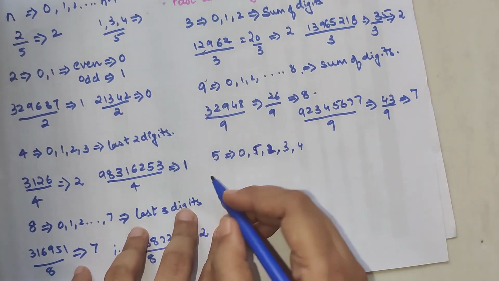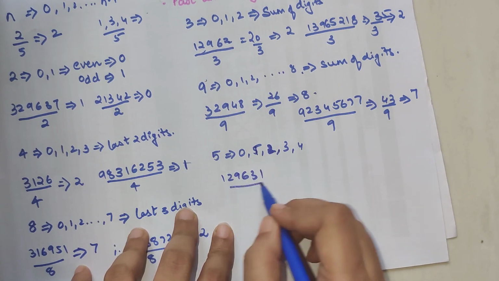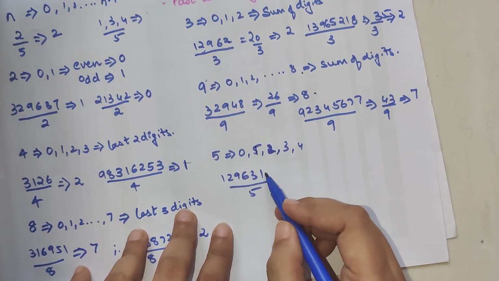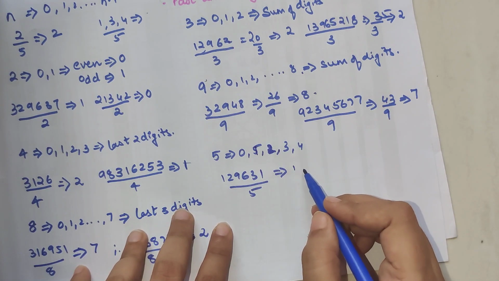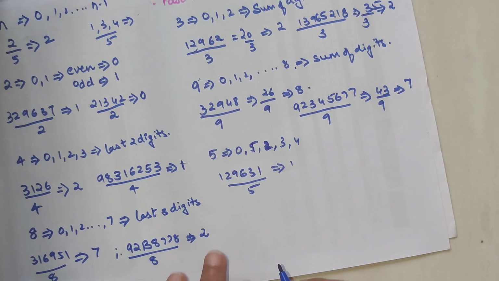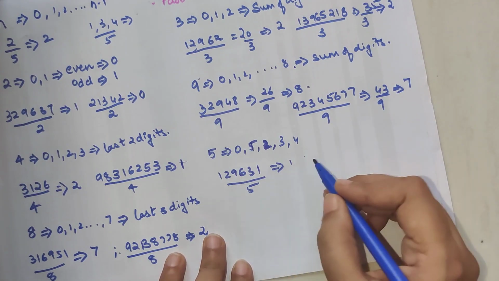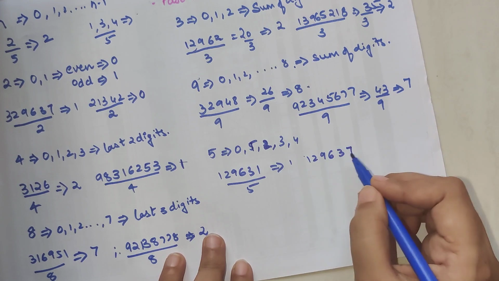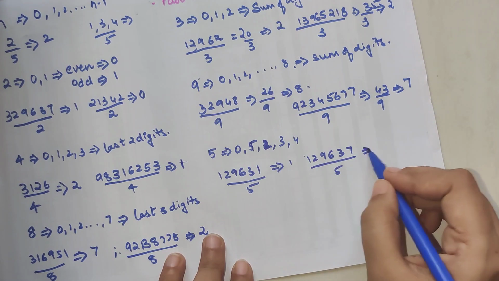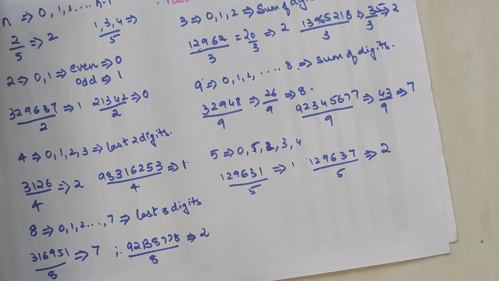Okay, so now if I give you a number 129631 by 5. Now my last digit is what? 1. So here I can say the remainder is nothing but 1. Why? Because 1 is less than 5. But if I had given you the same number, but instead of the last digit being 1, I had given 7, you would do what is the remainder when you divide 7 by 5, and that is nothing but 2.